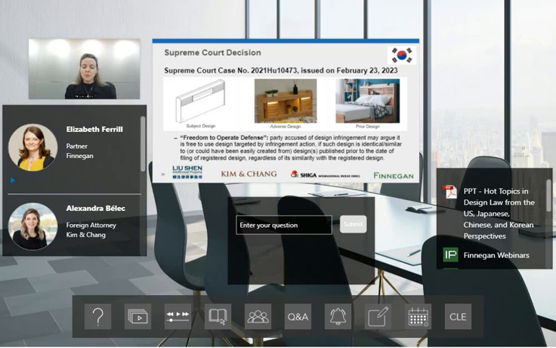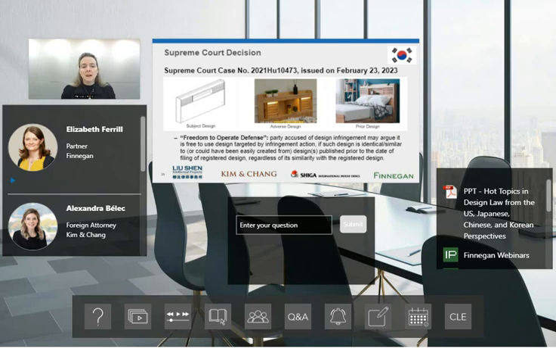So in Korea, the freedom to operate defense is one of the defenses that is available to a party that is accused of design infringement, in which the defendant argues that it is free to use the design that is targeted by the infringement action, if this design is identical or similar, or it could have been easily created from a design published prior to the date of filing of the registered design on which the infringement claim relies, and this regardless of similarity with the registered design.